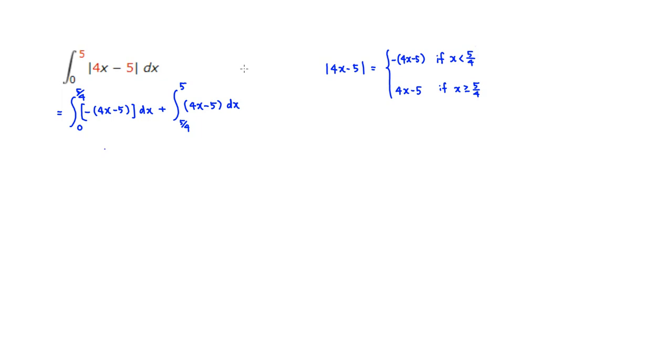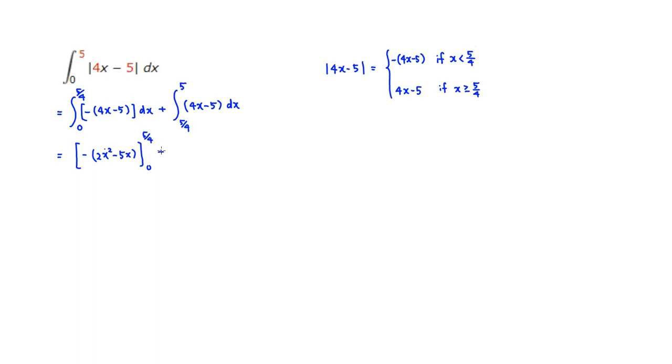Then we just have to integrate it. So it's going to be negative signs there. The antiderivative of 4x is 2x squared, and the negative 5x, going from 0 to 5 over 4, right?